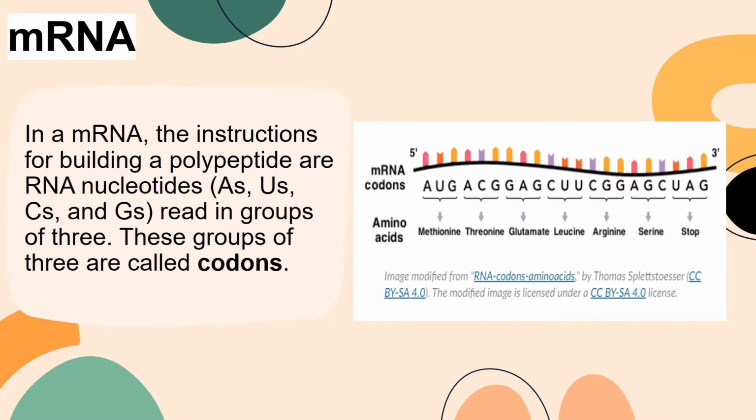Then, in an mRNA, the instructions for building a polypeptide are RNA nucleotides, which are read in groups of three. These groups of three are called codons. Each codon corresponds to one amino acid, and the full set of codons is called the genetic code.